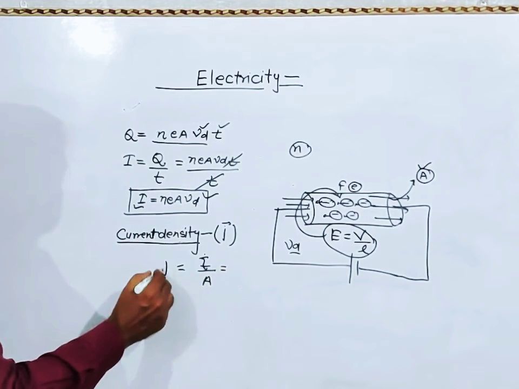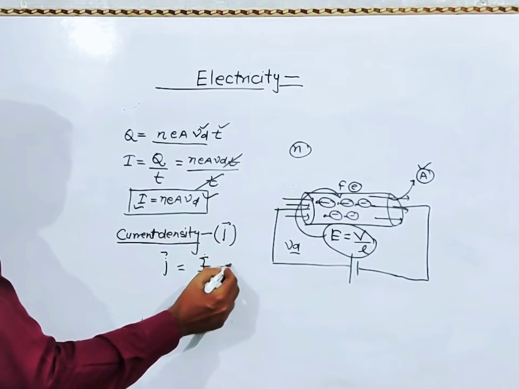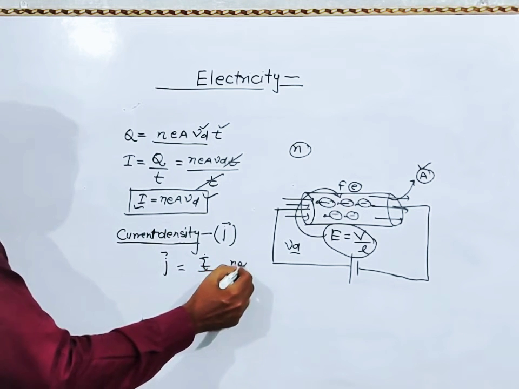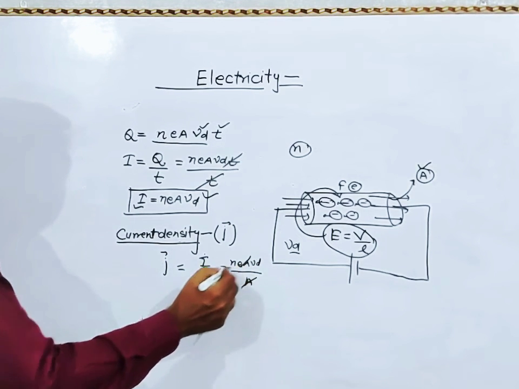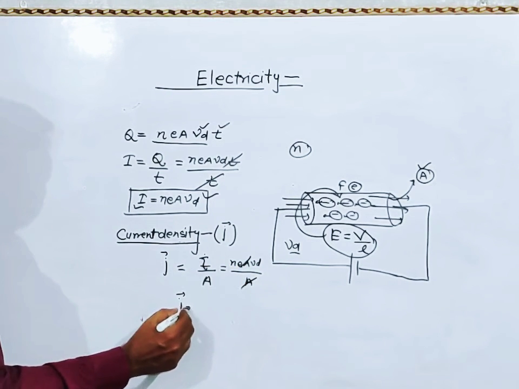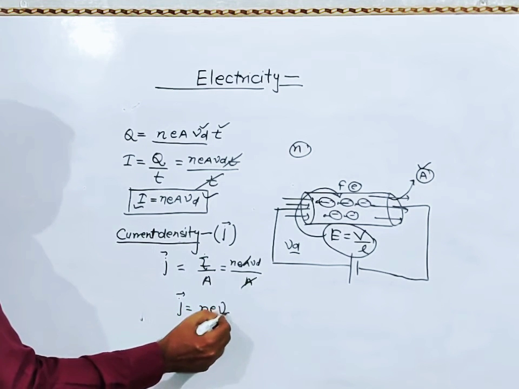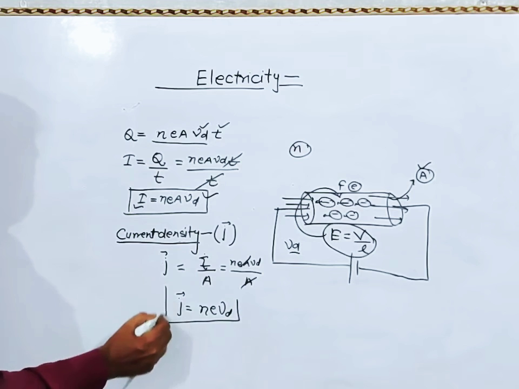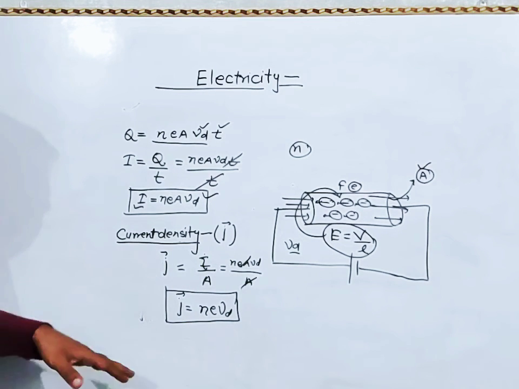So what will be the relation between the current density and drift velocity? It will be given by nAeVd upon A, the A term will be cancelled out, so the current density in terms of drift velocity will be J = neVd. Note it down quickly.